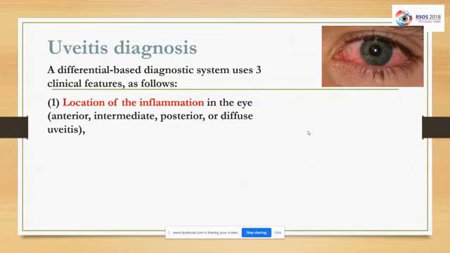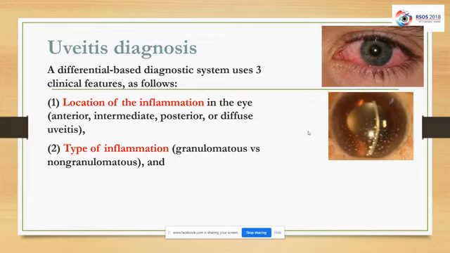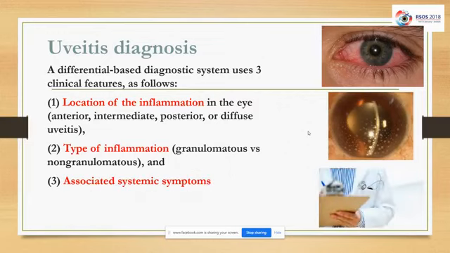So to mention if the inflammation is involving the anterior uvea, if there is an intermediate uveitis, posterior uveitis, or diffuse or panuveitis. So the first thing is the location of the inflammation. Second thing is the type of inflammation. Is it granulomatous or non-granulomatous? And the third thing is the associated systemic symptoms.